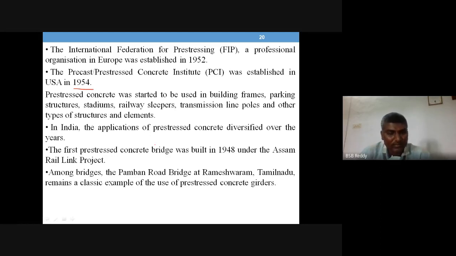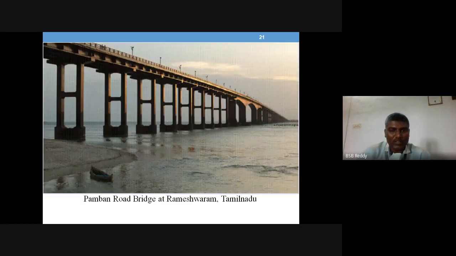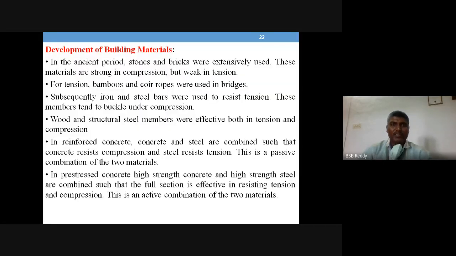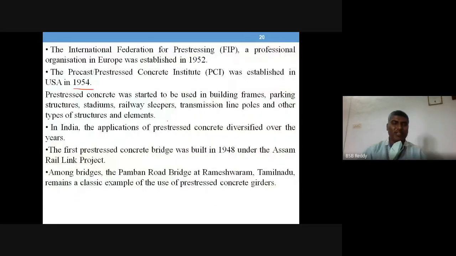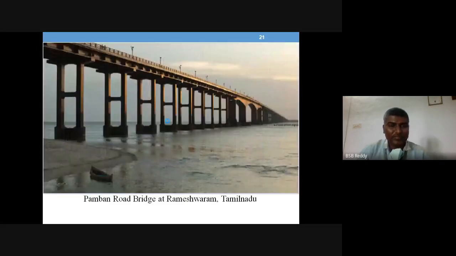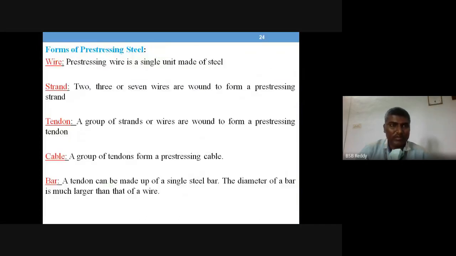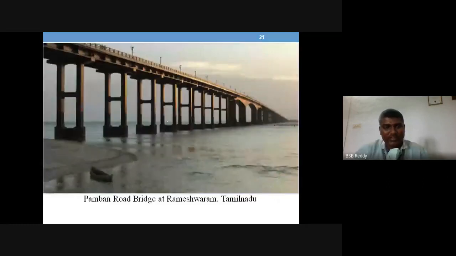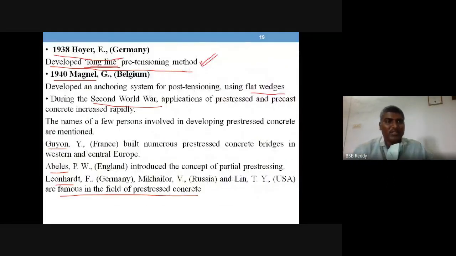Then the usage of prestressed concrete picked up, and now you have its application in every field of civil engineering. Right. So this is a very brief history of how prestressed concrete has been developed.